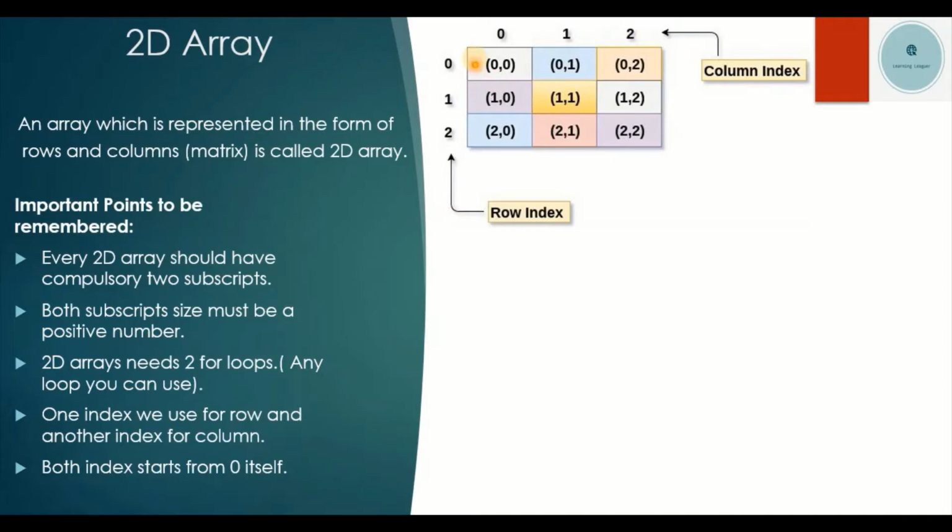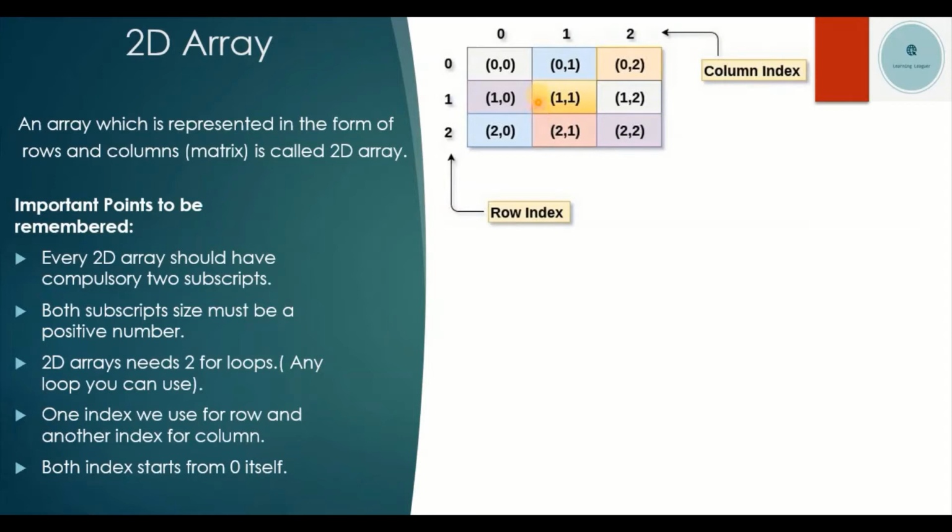So if I want to get this particular cell, what address do I need to write? 0, 0. The first 0 represents the row, the second 0 represents the column. That is, if I want to access the first element of the matrix, I need to write 0, 0. Suppose I want to access the middle value, this particular cell, what do I need to write? First row, first column.